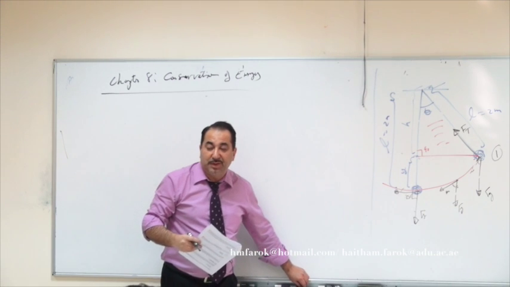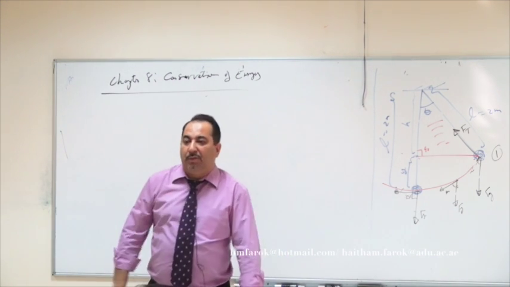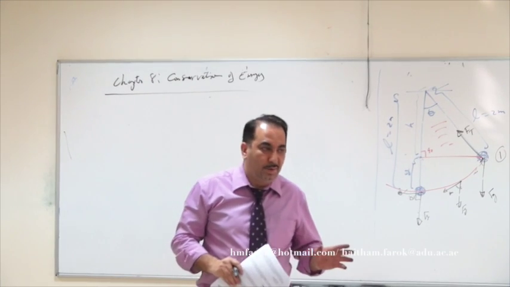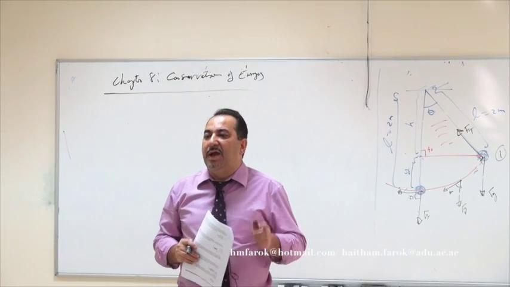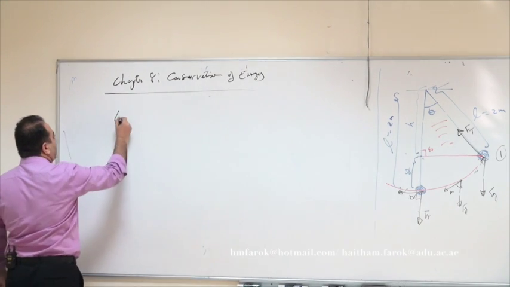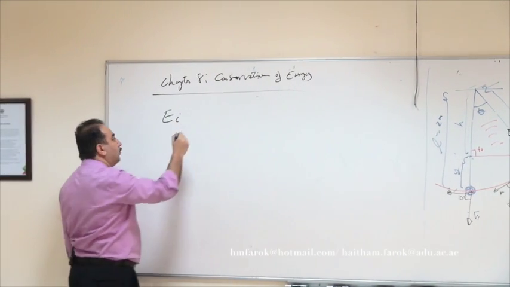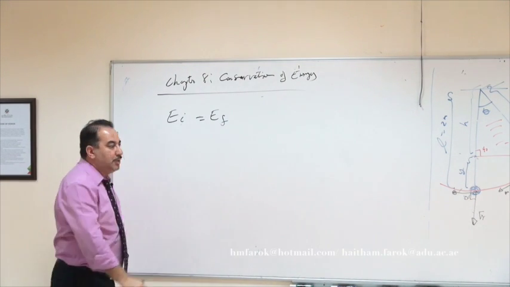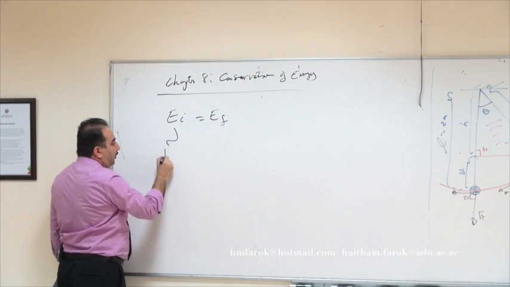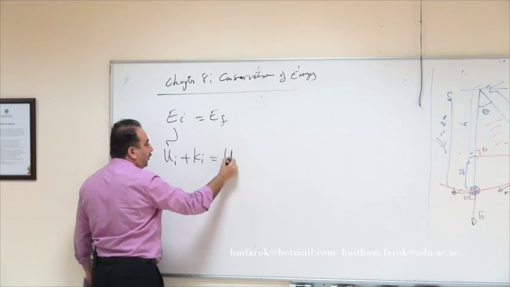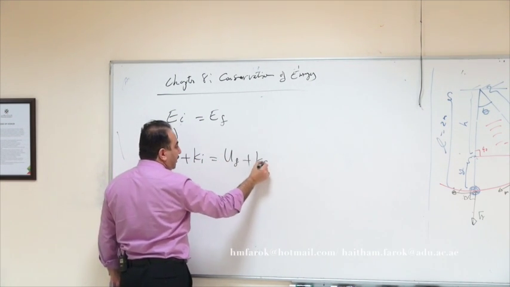Let me summarize what we did in chapter 8. We said we have two systems: either a conservative system or a non-conservative system. If the system is conservative, it means initial mechanical energy equals final mechanical energy, yes? Which means potential initial plus kinetic initial must equal potential final plus kinetic final.